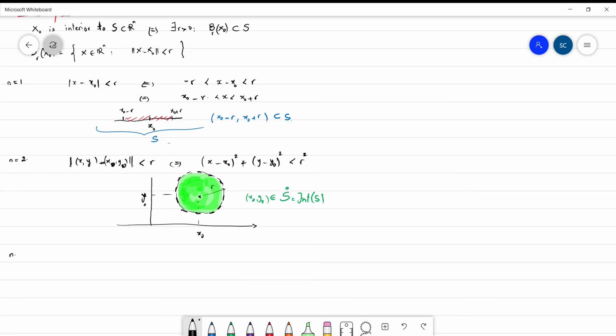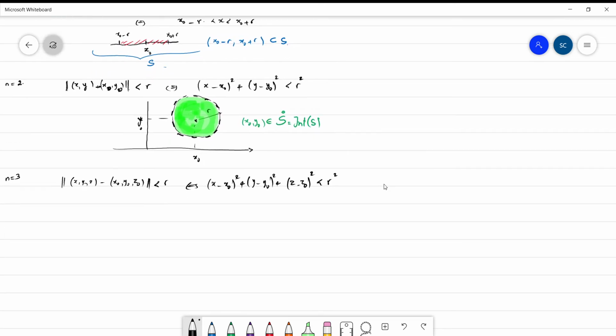It's good also to visualize the situation when we are working in space. For n equal 3, our ball ||(x, y, z) - (x0, y0, z0)|| less than r is equivalent to (x - x0)^2 + (y - y0)^2 + (z - z0)^2 less than r^2. And here again, when you have equality, you are on a sphere.